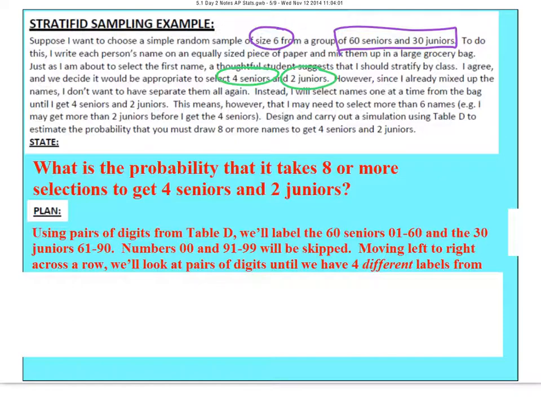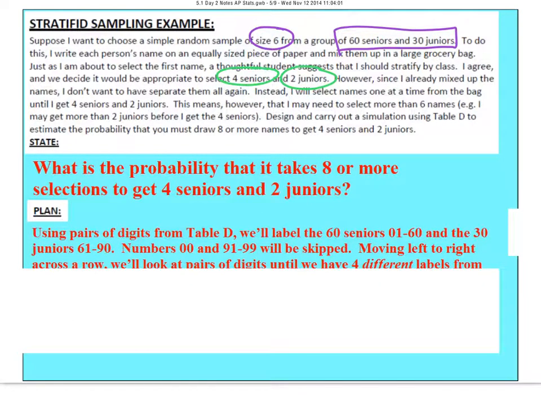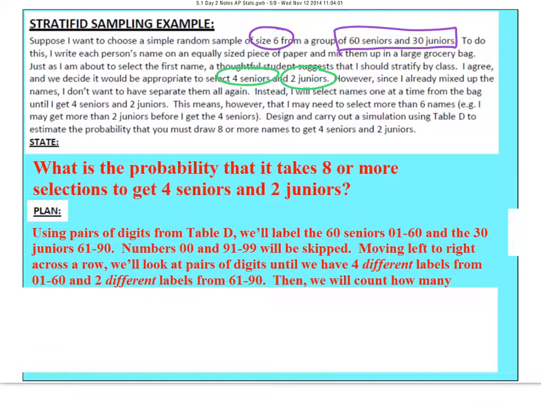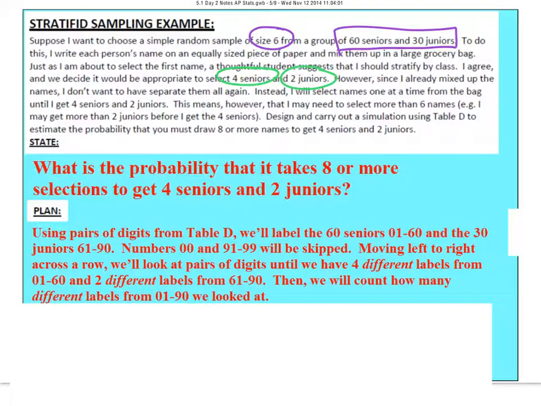We look at pairs of digits until we have 4 different labels from 01 to 60 and 2 different labels from 61 to 90. We will then count how many different labels from 01 to 90 we actually had to look at until we got our 4 and 2 combination. That's our plan. Let's do the actual simulation now.